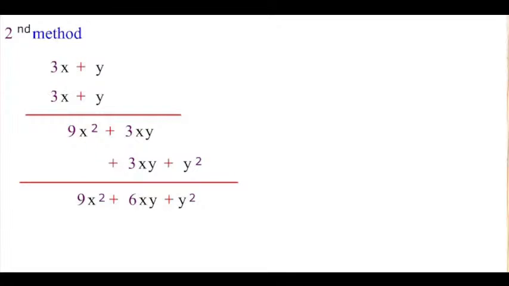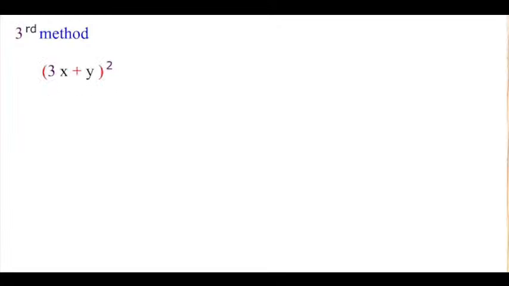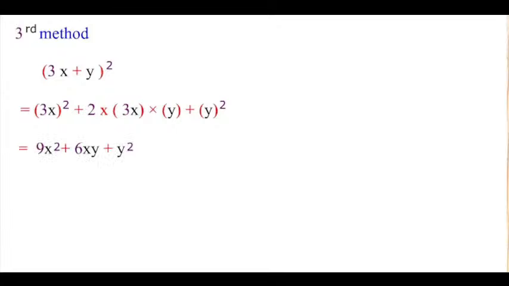The third method: 3x plus y all squared equals 3x all squared plus 2 times the first times the second, it means 2 times 3x times y, plus the second squared, which is y squared. Then we have 3x squared equals 9x squared, and then 2 times 3 equals 6 and xy, then we have 6xy plus y squared.